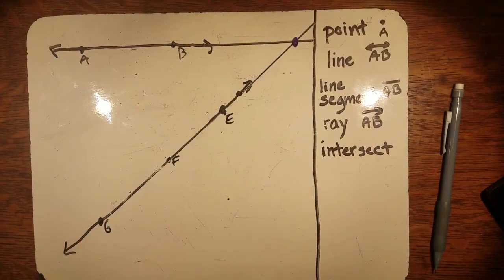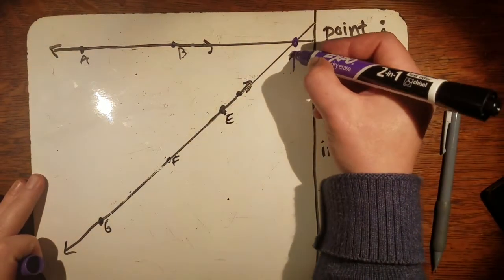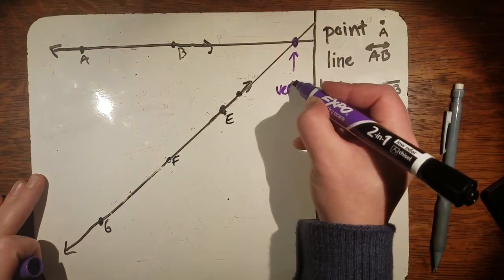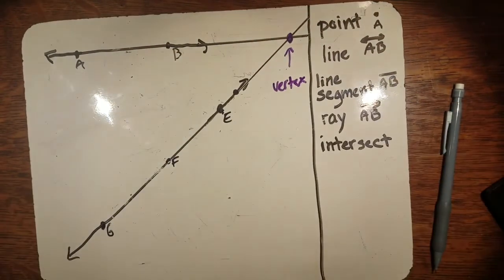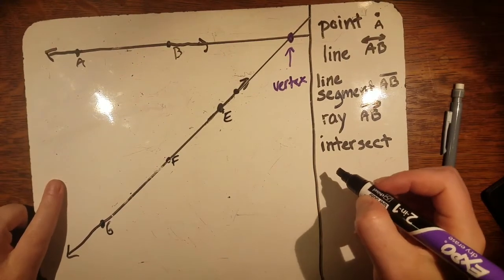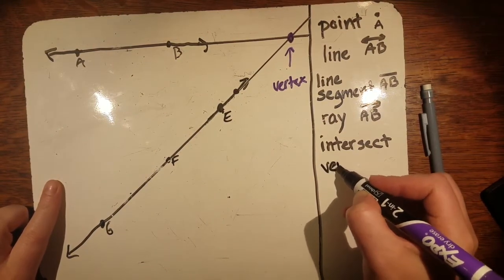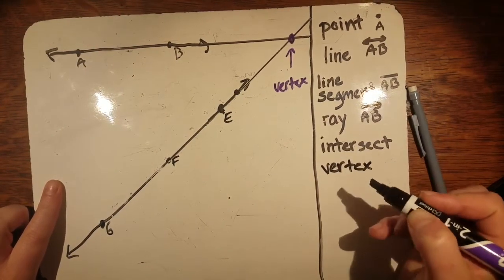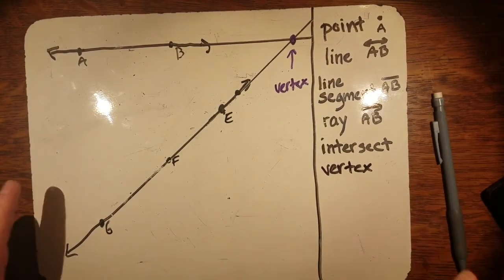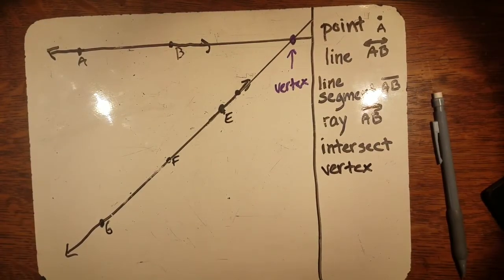It is called our vertex. Sometimes on shapes, we talked really briefly about it, calling it a corner. But when two lines intersect or crisscross, we're going to now call that a vertex.